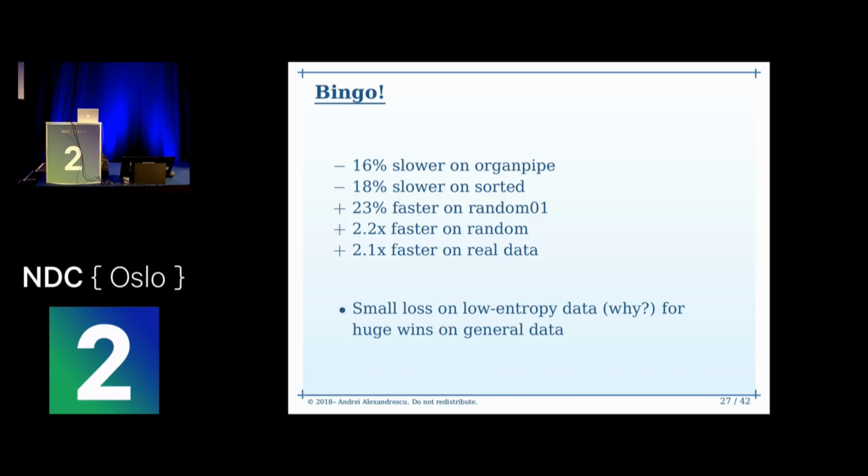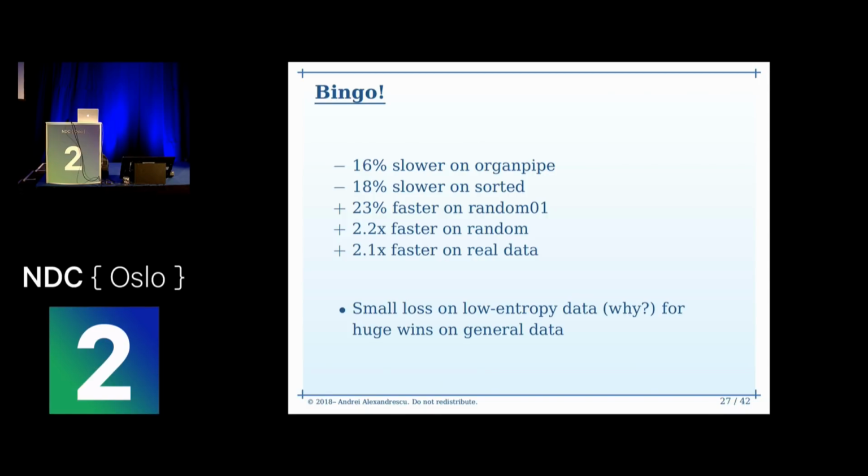Optional gets inlined. When it's sorted, the branch predictor is going to have a good day. And with organ pipe, it's going to have a good day except for one hiccup in the middle. It's going to have one bad prediction at the beginning, one bad in the middle, one bad at the end. That's 3 for the huge array.